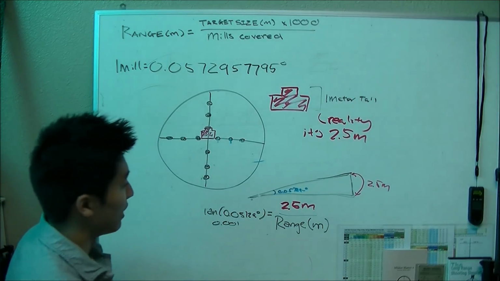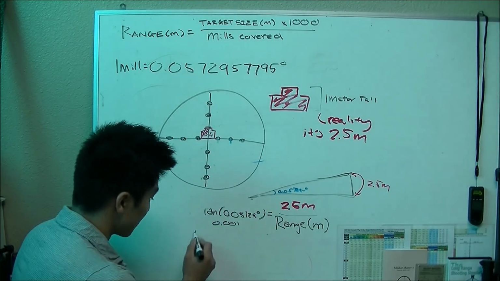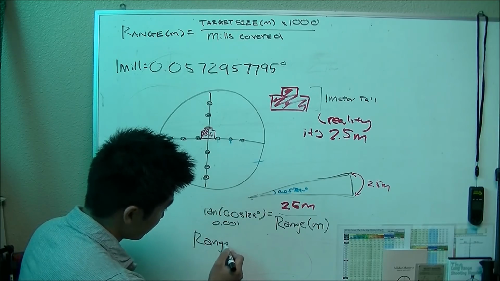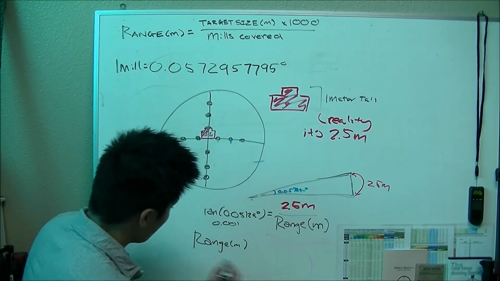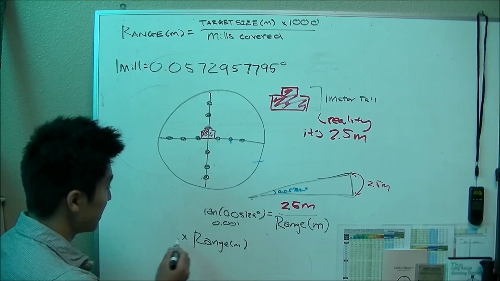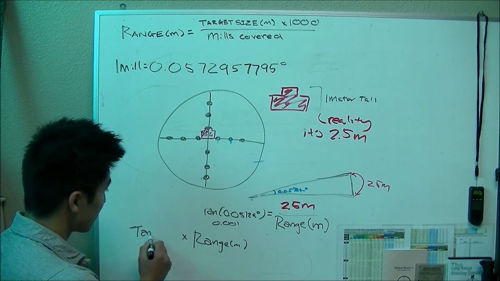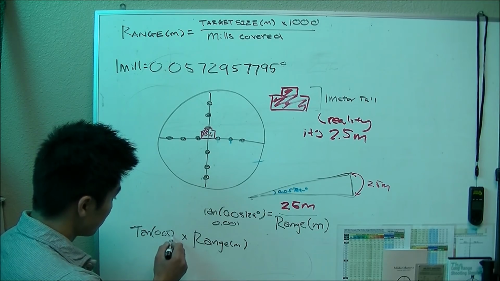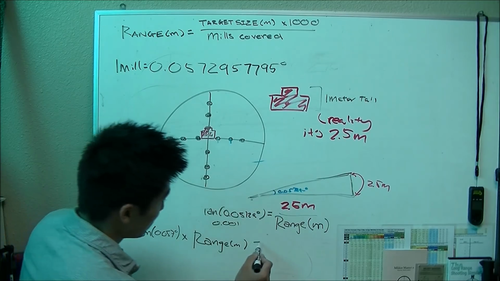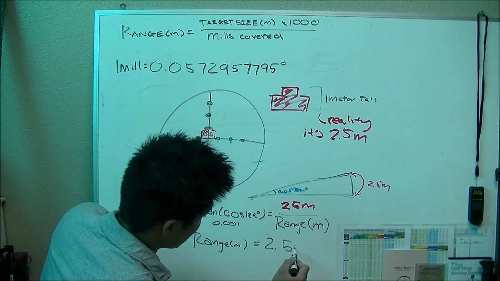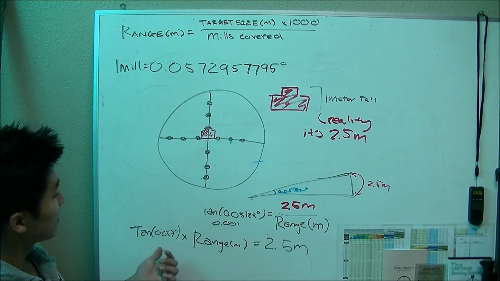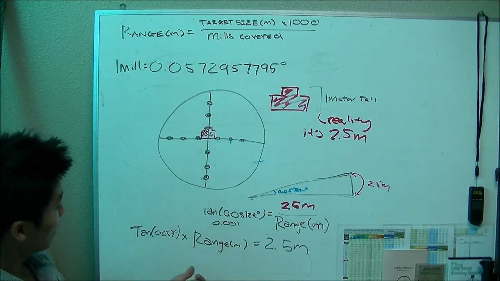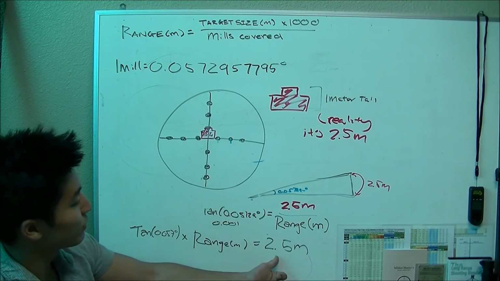I could show the steps as well, and I'm kind of running out of space, so I'll just put this here. So we have tangent 0.057, blah blah blah, multiplied by range equals 2.5.